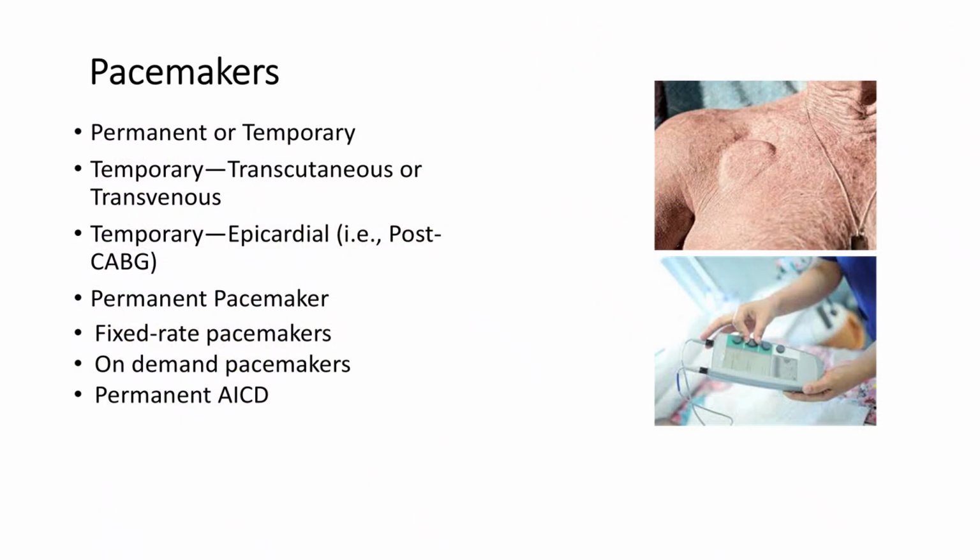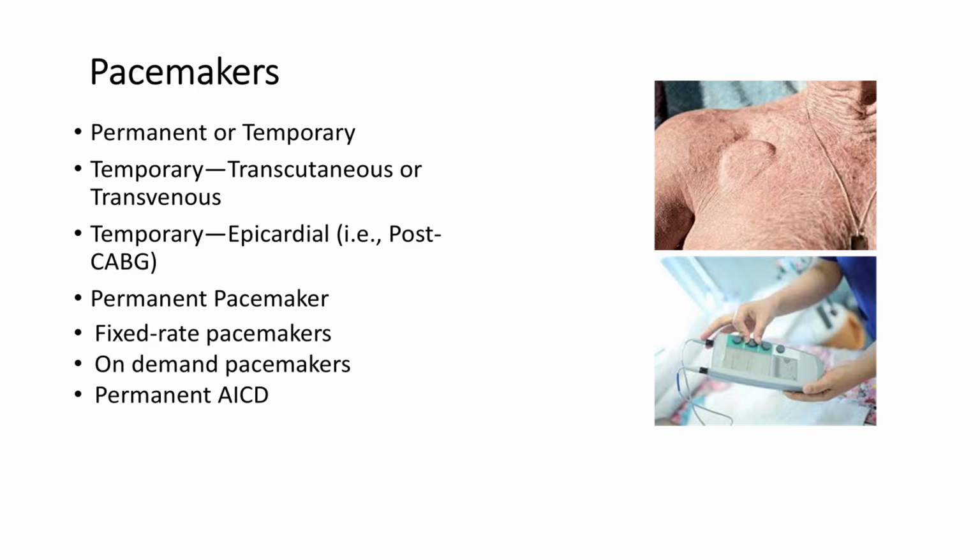I know you've learned about pacemakers before, so this is just going to be a quick review. Pacemakers may be temporary or permanent. Patients who don't require long-term pacing may just have a temporary pacemaker, like patients who have had beta blocker toxicity.